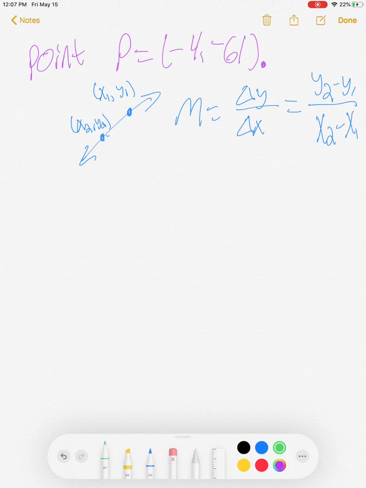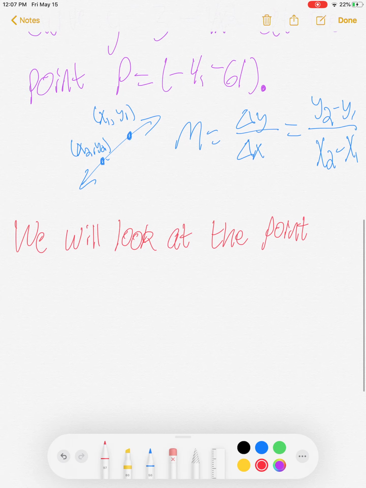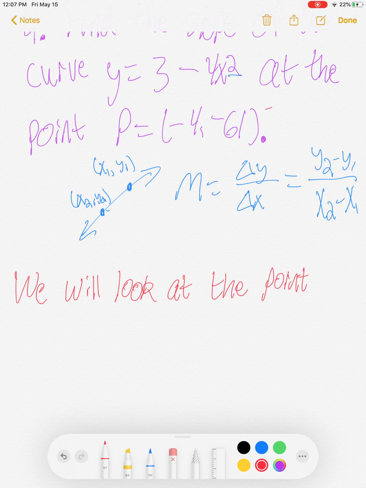So what we want, we will look at the point. Here we can think of P as x1, y1, right? This is just some point on the curve where x1 is -4, y1 is -61.